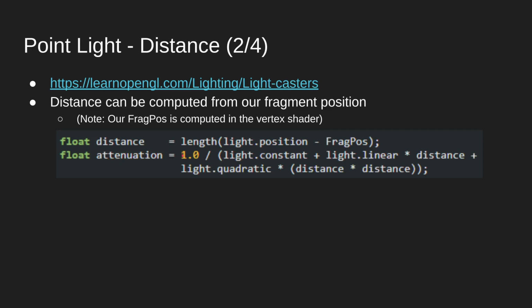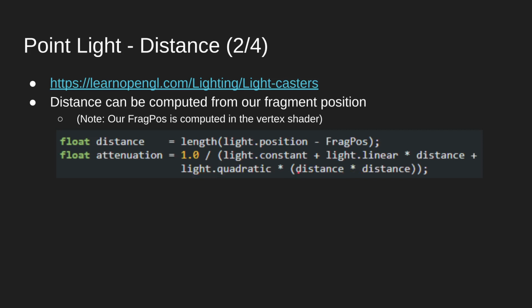So this is just going to be 1.0, that's sort of the maximum intensity, and then follow this equation of a constant plus some linear value times the distance plus the quadratic falloff, if you will, or how much this attenuates. And since it's a quadratic, it's distance times distance.